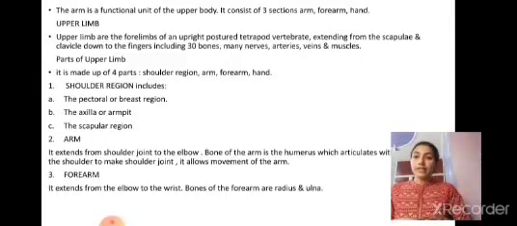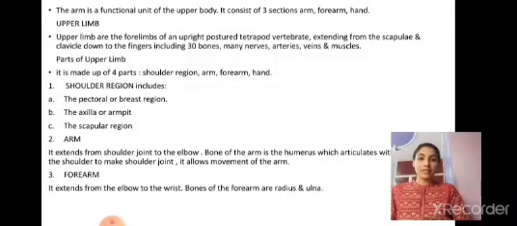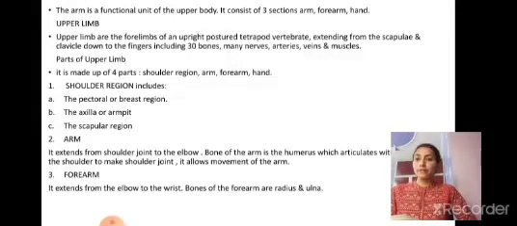Now we will read about the parts of upper limb, what parts our upper limb consists of. So it is made up of 4 parts. Number 1 is the shoulder region, number 2 is the arm, number 3 is the forearm, number 4 is the hand. So first we will read about the shoulder region, what our shoulder region includes.